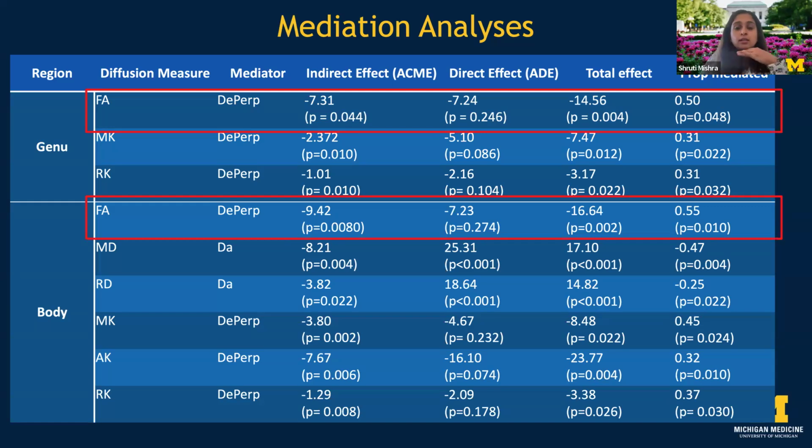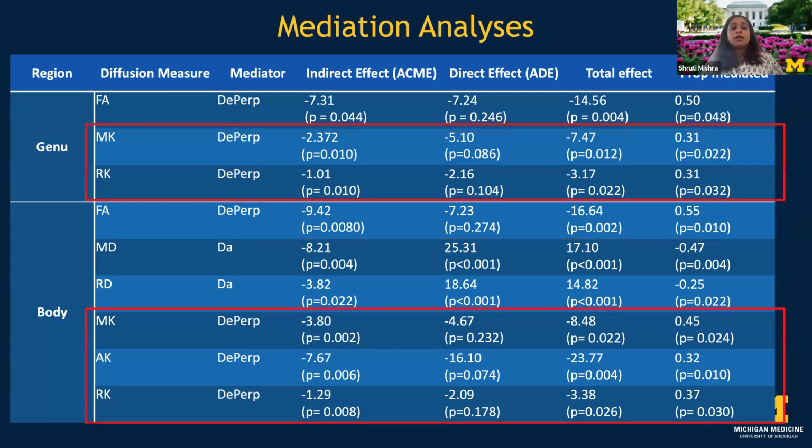The proportion mediated was approximately 50% of the direct effect. So this result suggests that myelination may be an important mechanism that underlies the corpus callosum microstructure impairment that's inherent in FA when we are predicting degree of cerebral small vessel disease, again using white matter lesion volume as a surrogate for that measure.